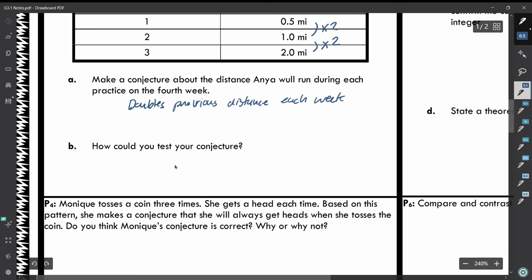So if in week 3 she ran 2 miles, we're going to conjecture that she runs 4.0 miles in week 4.